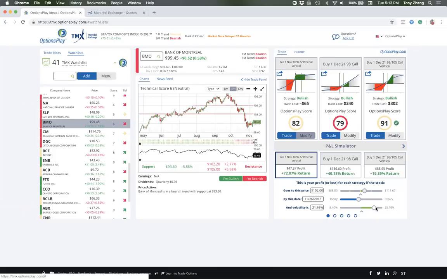Even if volatility is going to decrease by half, so this goes from 17 to 8, which is unheard of, as you can see, the impact of volatility on my overall strategy goes from $99.56 down to $53.64. The impact of that is minimal compared to if the stock moved even a dollar higher.